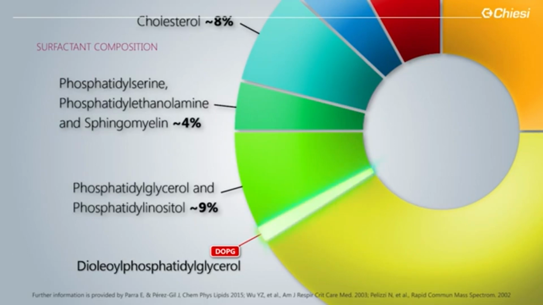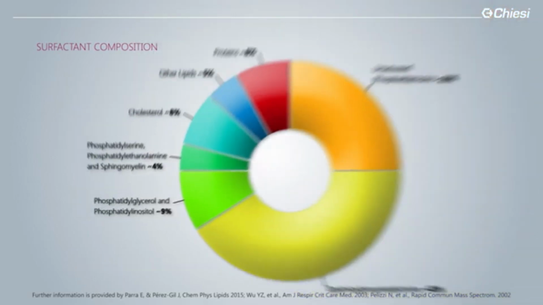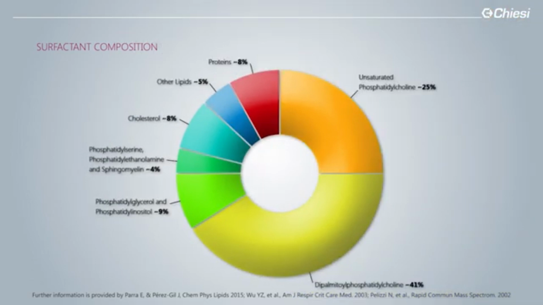So in the end, DOPG is a kind of helper because it's helping DPPC in exerting its biophysical activity. And to be honest, it's not even the only one, because in the 10% of surfactant protein, there is also surfactant protein A, or SPA, which is able to do the same.